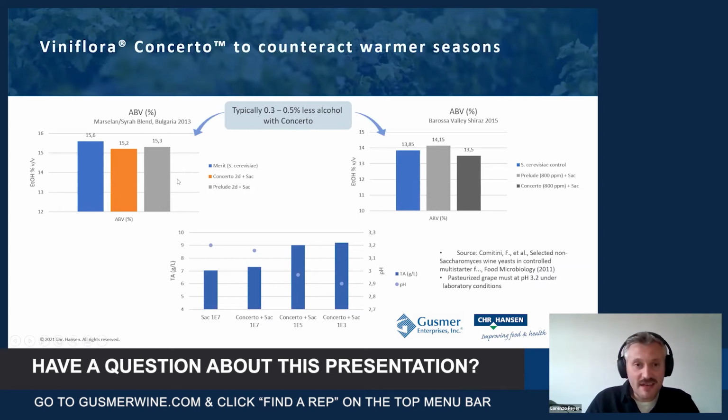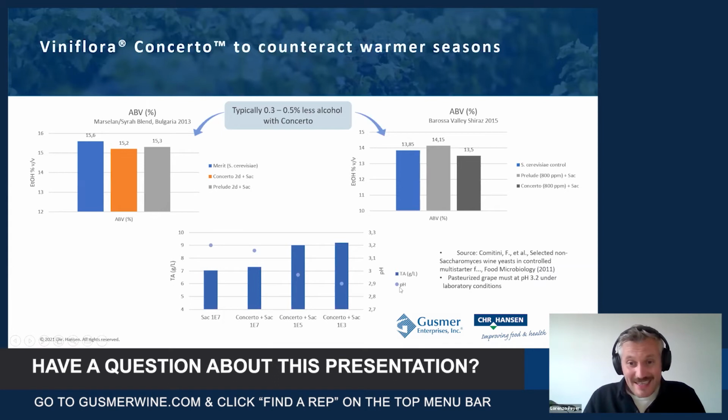And we see here a couple of examples. This one in Bulgaria and this one in Australia. Actually, we see that Concerto can decrease the ethanol content significantly. Now, it's not always a given, but it's a nice side effect when you use Concerto, and the application can be optimized if you look into that kind of effect.